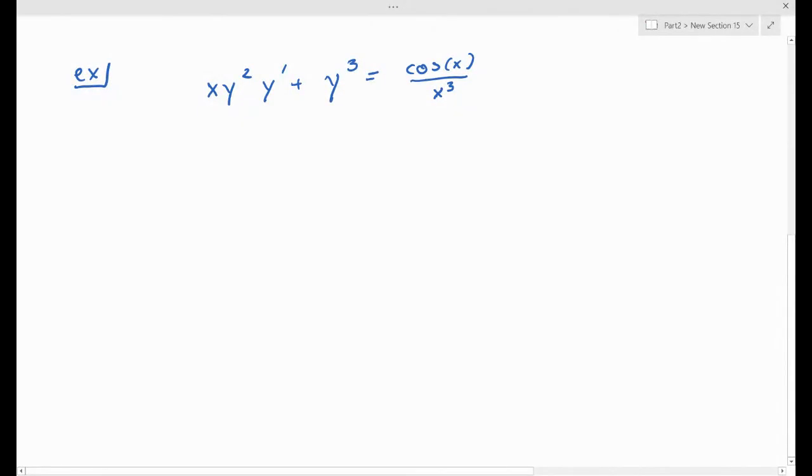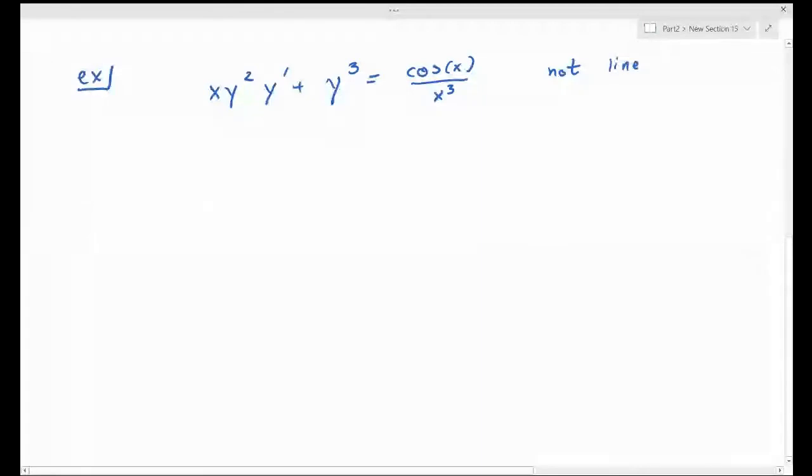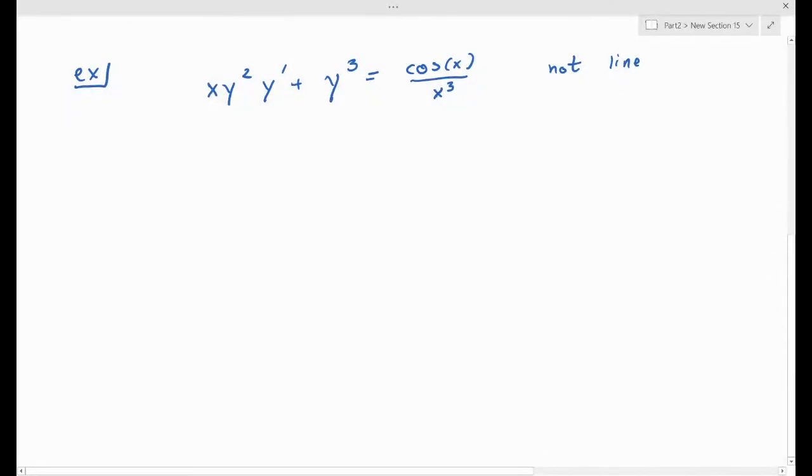But it's definitely not linear. I guess technically I would first check whether it's separable, but it's not, because separable is so easy. I was going to glance at it. It's not separable. It's not homogeneous because of the cosine of x for sure. So it's none of those. So I go down the checklist, and I'm just going to write it in standard form.